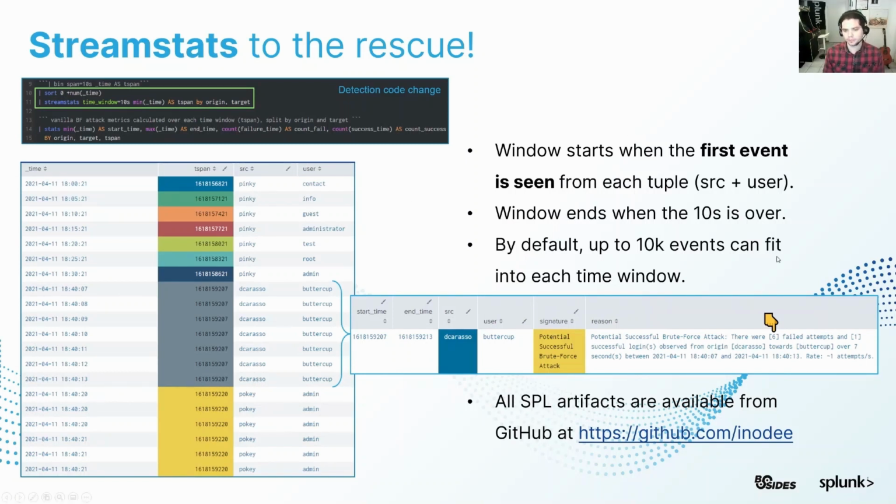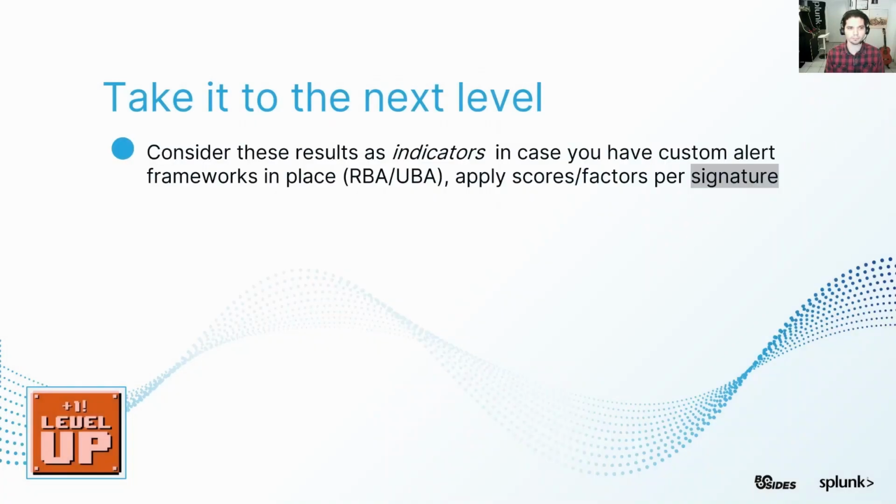All the SPL artifacts, 2 searches, one to generate the data set and the main detection query, are available from this GitHub, and the slides and everything will be available from the Splunk community website.